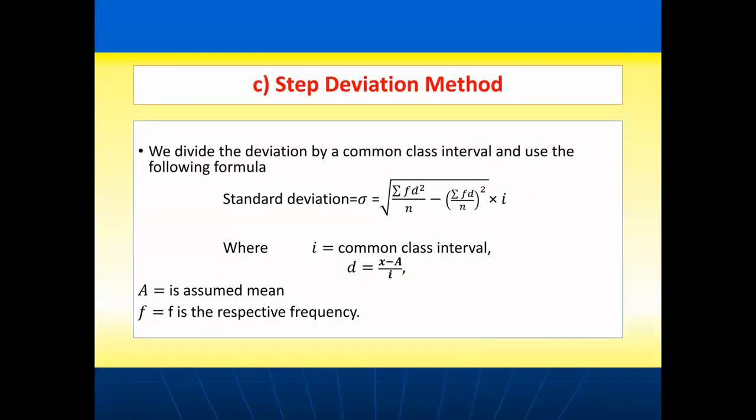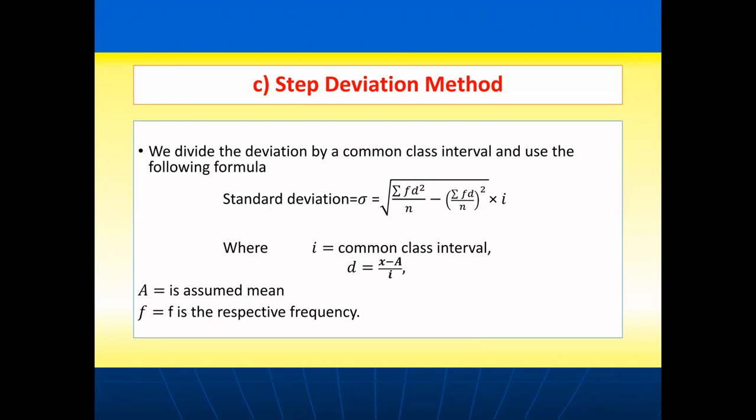Similarly, we can go for the step deviation method. This is basically used in case of grouped data, or where we have a continuous series, where we have a class interval and a frequency. So we divide the deviation by the common class interval and use the following formula.